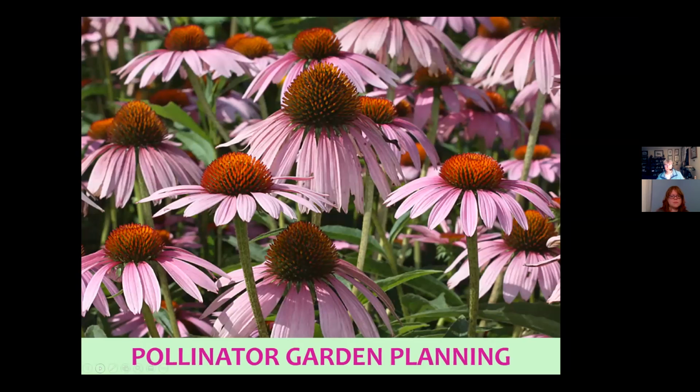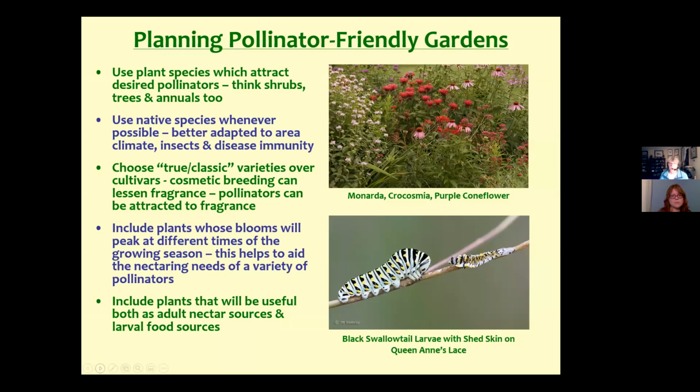All right, let's go into our pollinator garden planning. And again, all of these things that I mentioned here are also very important to the bees as well. So don't think that these are just things for everything aside from bees. You want to do as much as you can in your area to provide as many different species as possible.